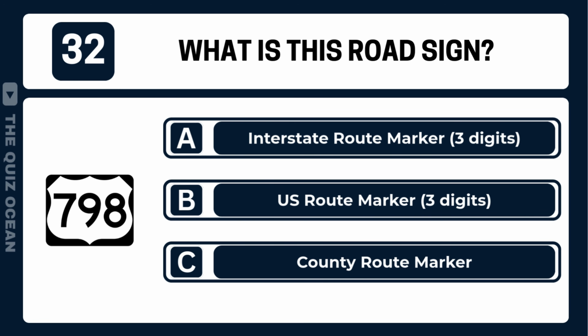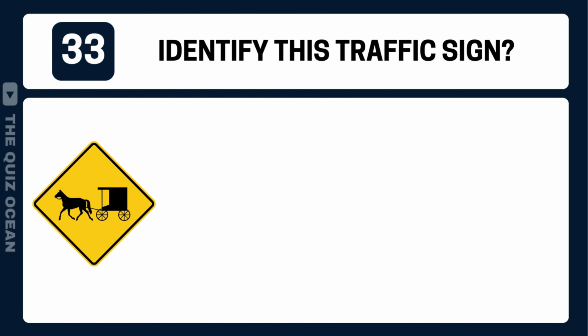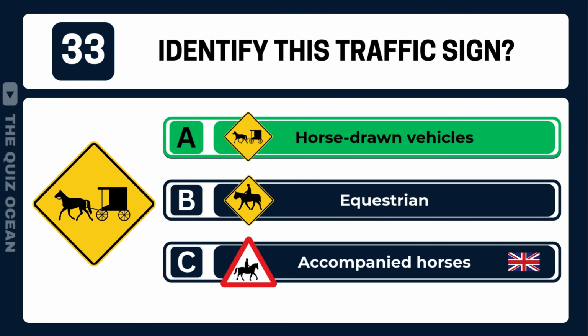The answer is B. U.S. route marker, 3 digits. Question 33. Identify this traffic sign. The answer is A. Horse-drawn vehicles.